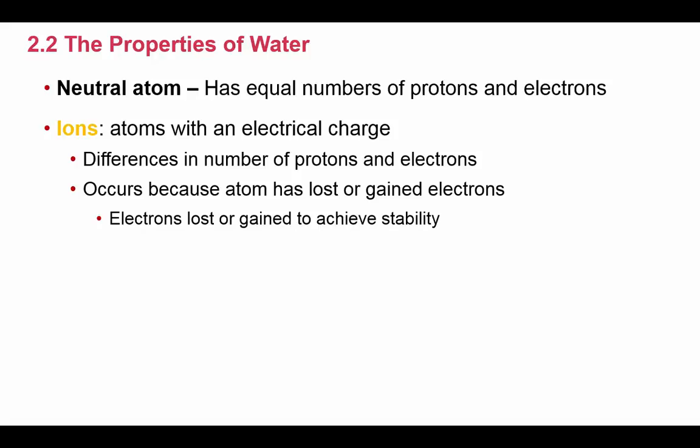Now the protons and electron number is not equivalent. So it has 6 protons, only 5 electrons, which means it's no longer neutral. It has one more positive than negative, so it has gained that positive charge. So an ion, again, is an atom that has gained an electrical charge, either by losing or gaining electrons. Some ions that you may have heard of before, like in the human body, are things like sodium, potassium, and chloride, all of which have gained an electrical charge.